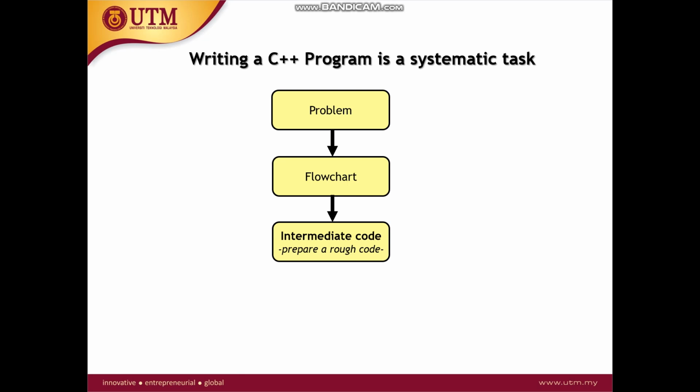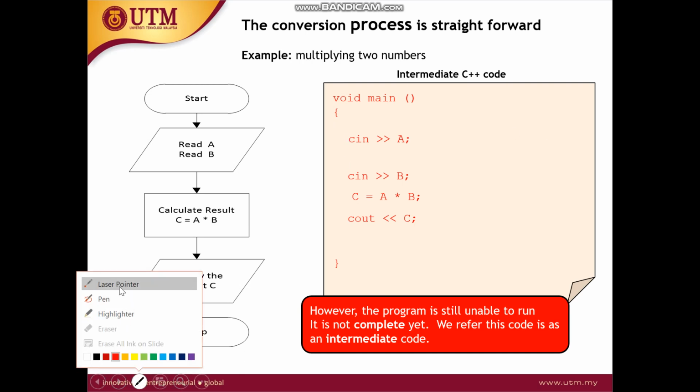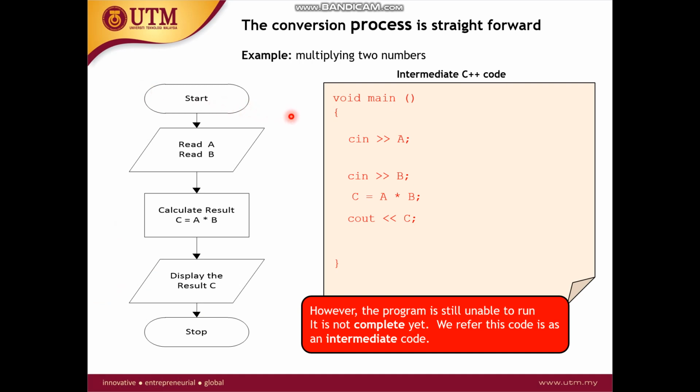You are just converting the flowchart into intermediate code, then you are going to face some errors, then you are going to add the details and correct the errors to have the complete code. So at the beginning you are having the problem and you are implementing a complete code in order to make your program run correctly. Okay, this is how you are converting a flowchart into a programming code.